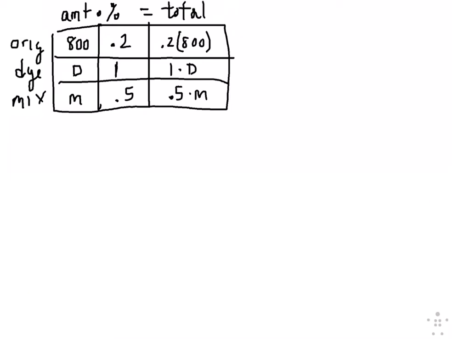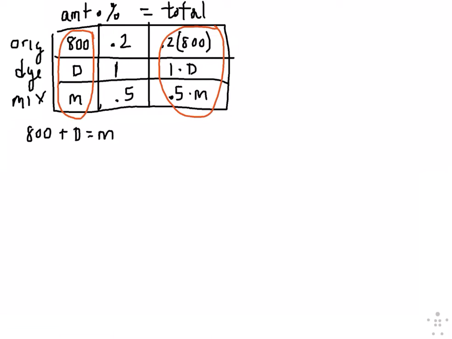Remember, in mixture problems, our equations come down the left and down the right. So the first equation is 800 plus some amount of dye has to equal the total mixture when you add them together.